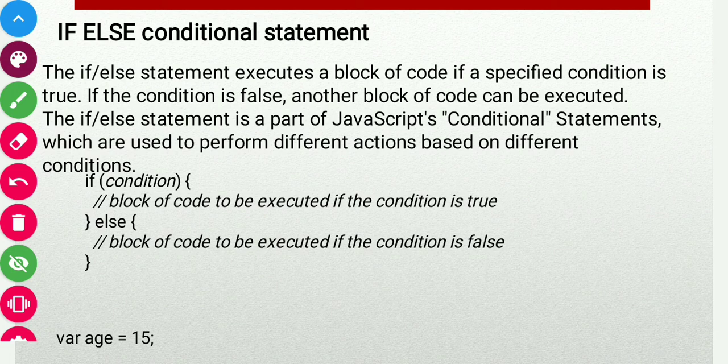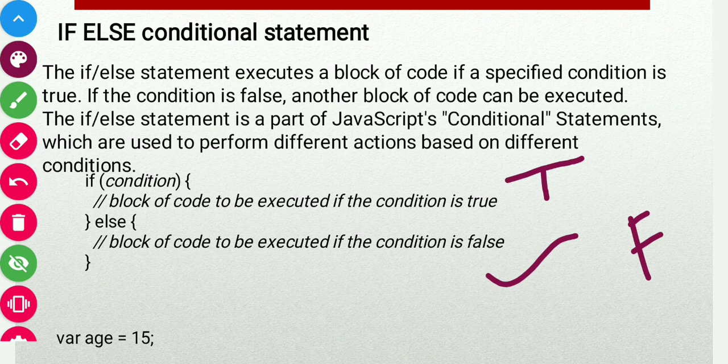You can see here in the syntax, in the brackets the condition is given, and if this condition is true, then the particular part immediately below is going to execute. And if the condition becomes false, then another part is going to execute, which is called the else part. So it is if else. If this is true, execute that. If it is false, go for the else statement.